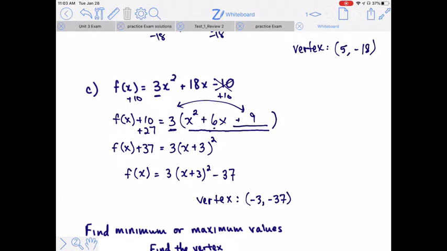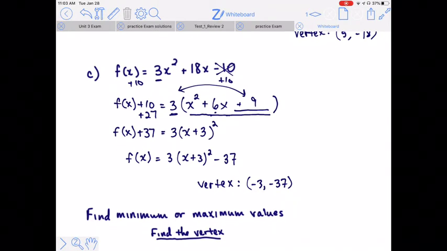Now the reason that it's being stressed so much that we're finding the vertex is that in application problems, in physics and motion and in economics and various other fields, it's very useful to be able to find a minimum or a maximum value of a quadratic function. And you'll see that phrase pop up a lot: find the minimum this or find the maximum that.